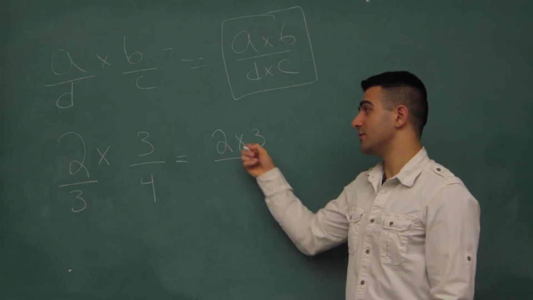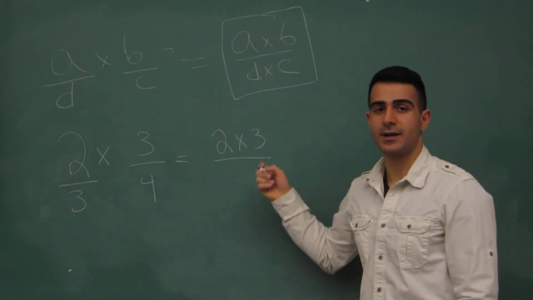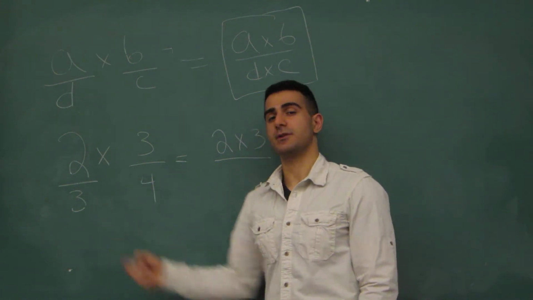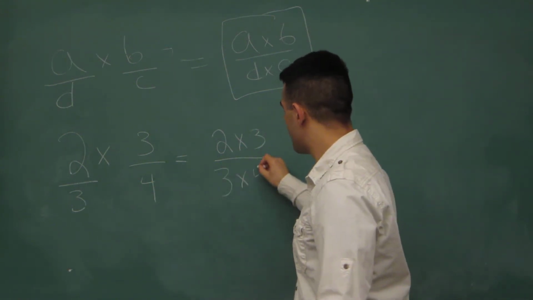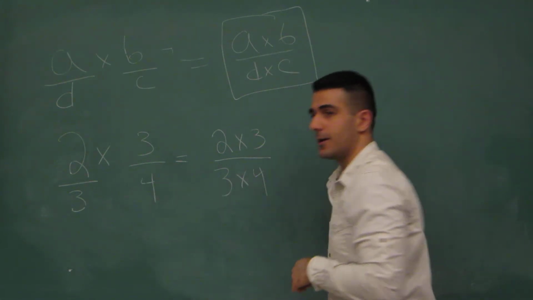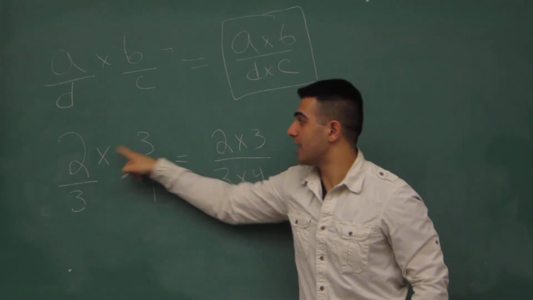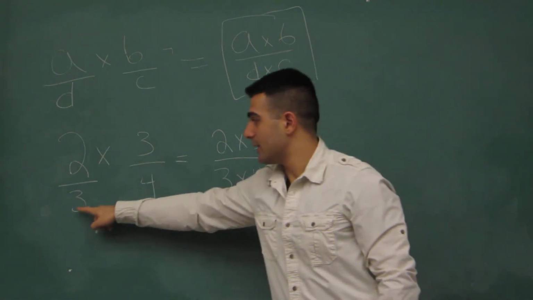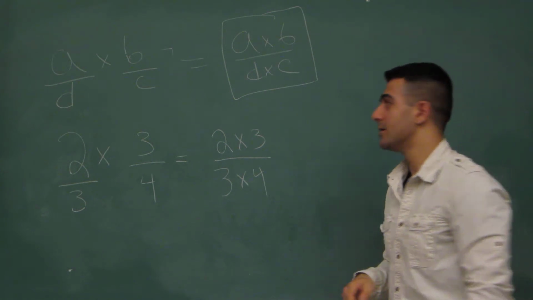And in the denominator of the resulting fraction would be the multiplication of the two denominators of the original fractions. So 2 over 3 times 3 over 4 would result in 2 times 3 in the numerator, and then we'd have 3 times 4 in the denominator.